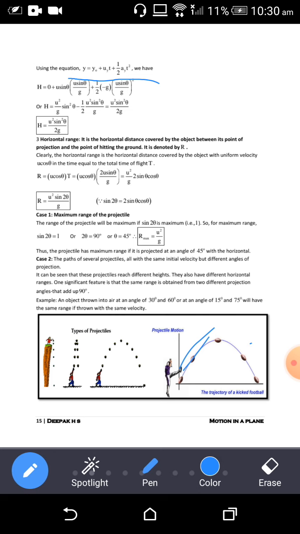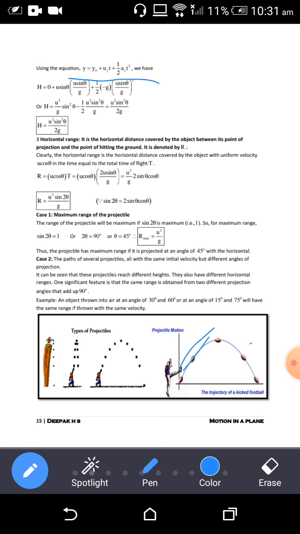Simplifying this, you get h equal to u square by g sine square theta minus half u square sine square theta divided by g, that is nothing but u square sine square theta divided by 2g.